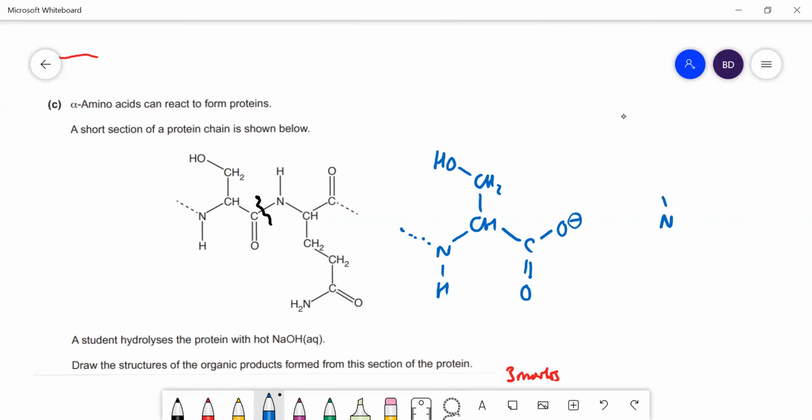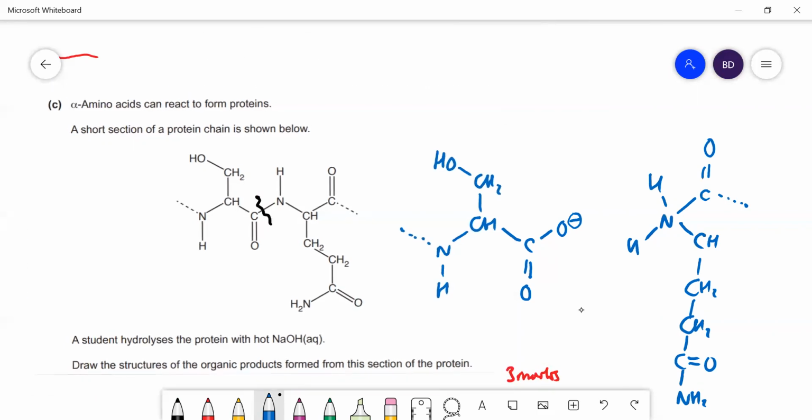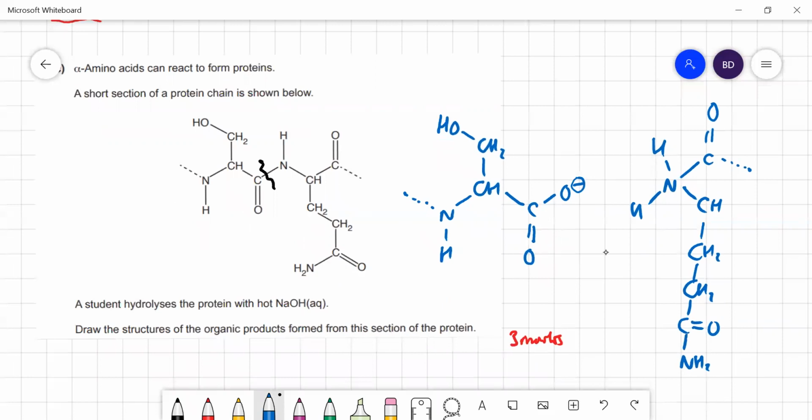And then we're going to have the NH2 from the other bit. It's going to be CH, CH2, CH2, and the amide group at the end that they've got there. And we need to just finish that off. There are your two products. You split the protein into two.